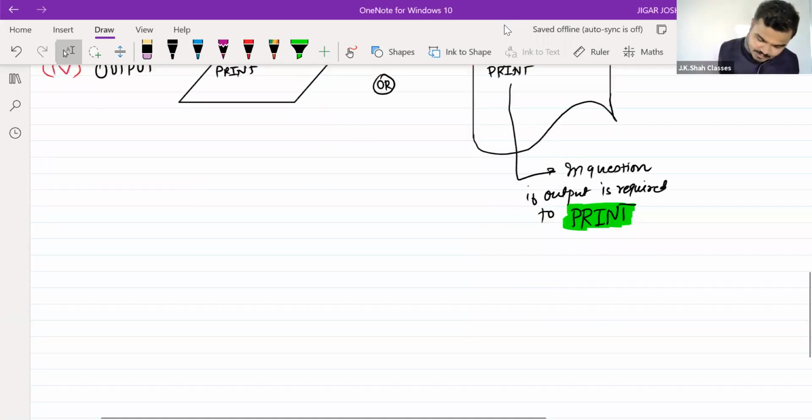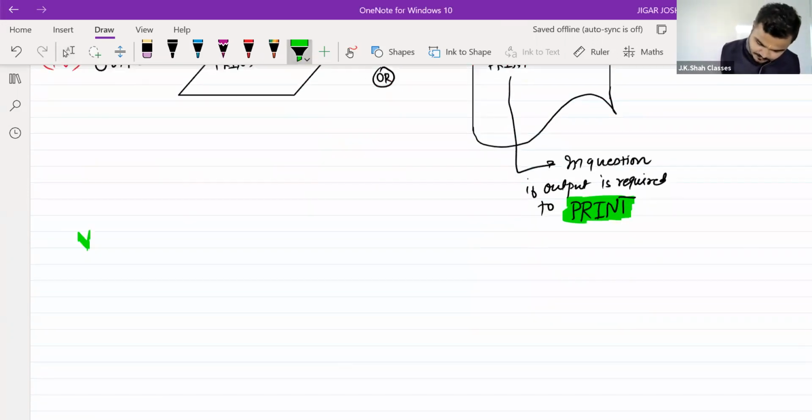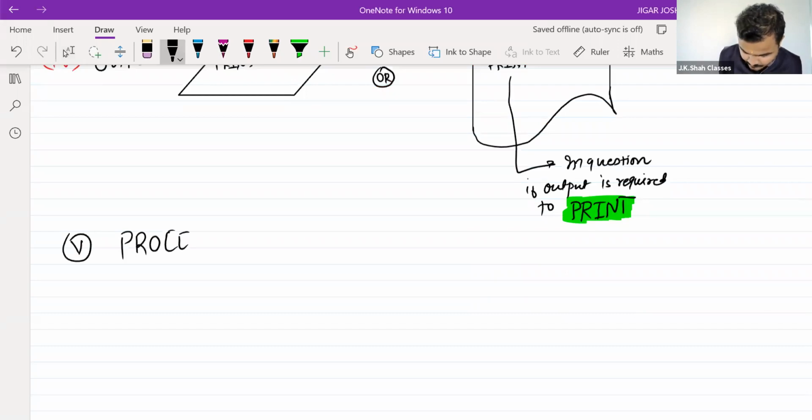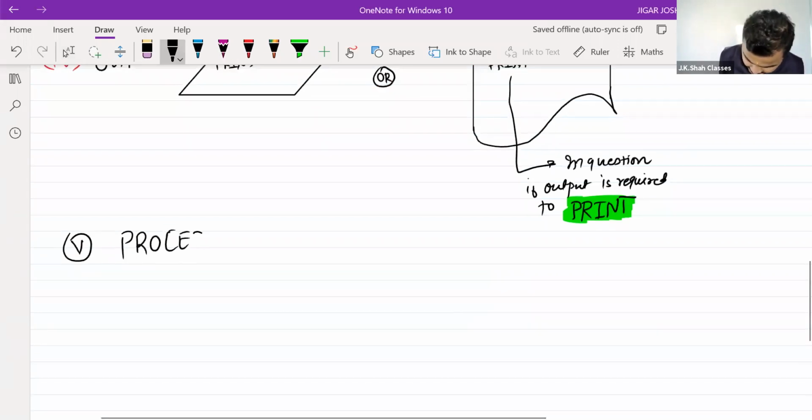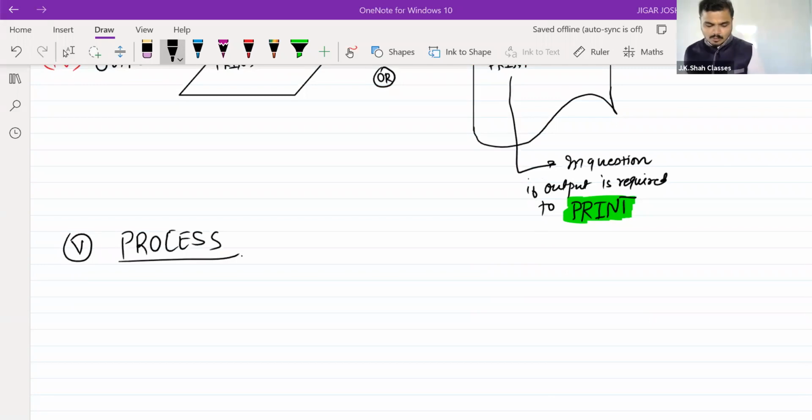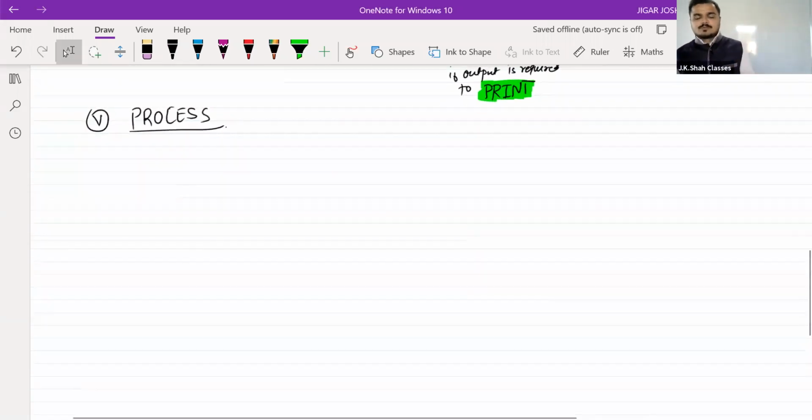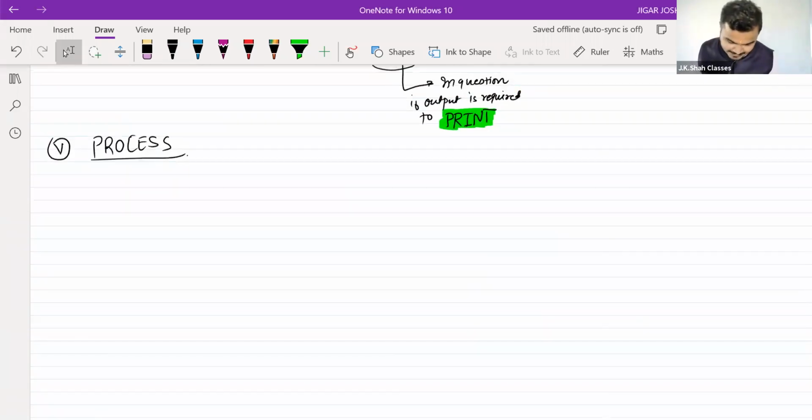Everyone, come on. Next one, my dear charters, is the fifth one. And the fifth one is the process box. Now the best part of the process box is only one thing.